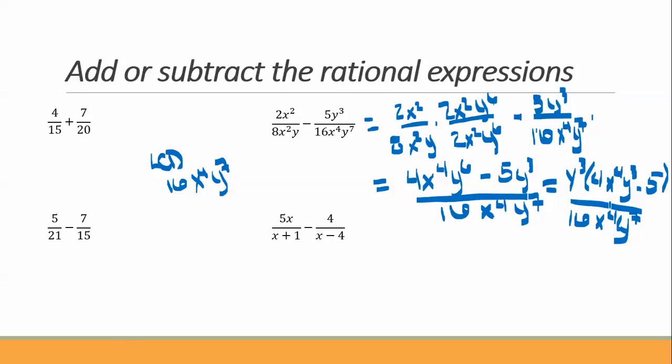And now this is multiplication, so since this is one number times another number, and this is one whole number, we can actually reduce the y cubed and y to the 7th using our exponent rules. So that would be 4x to the 4th y cubed minus 5 over 16 x to the 4th, and y cubed over y to the 7th reduces to y to the 4th in the denominator.